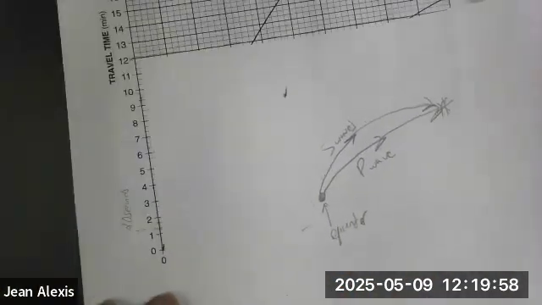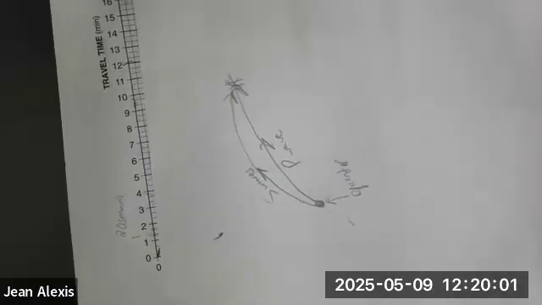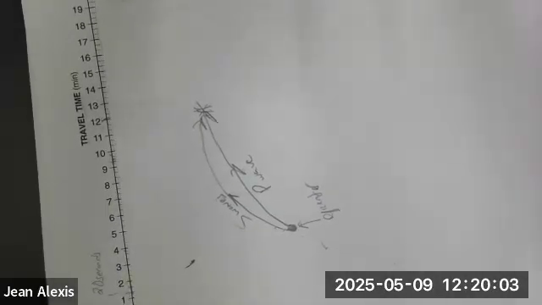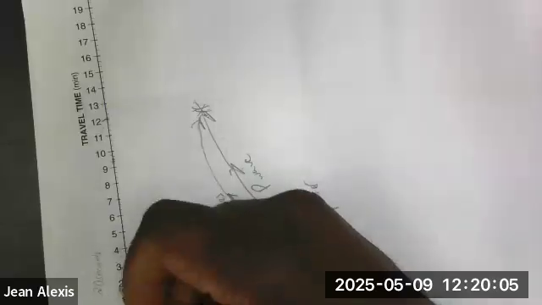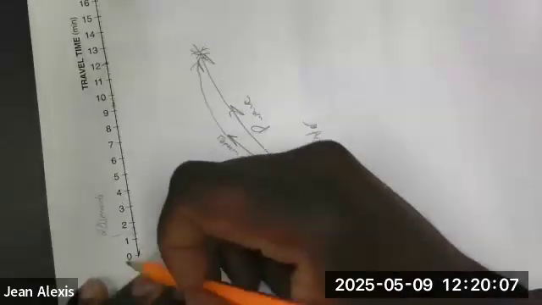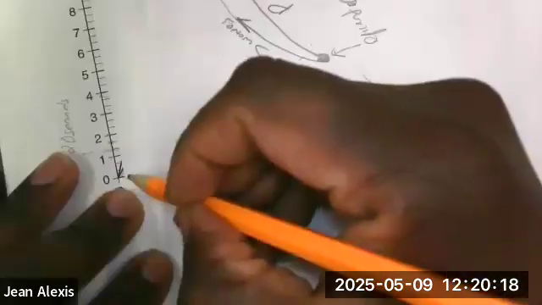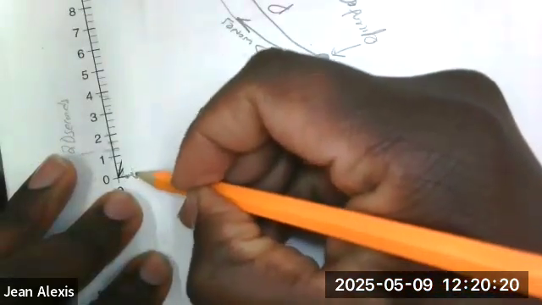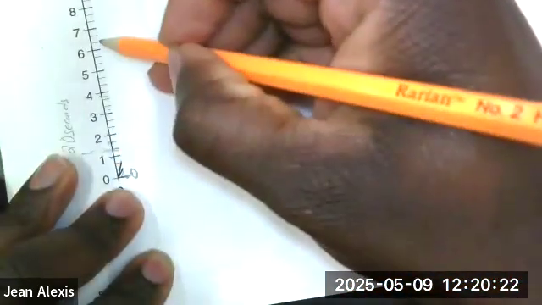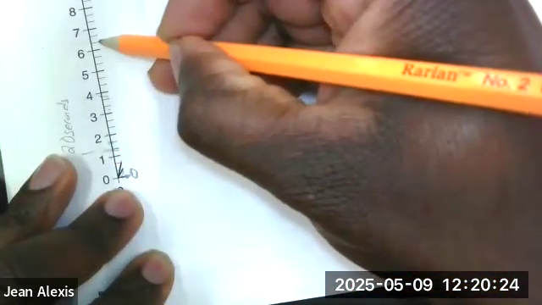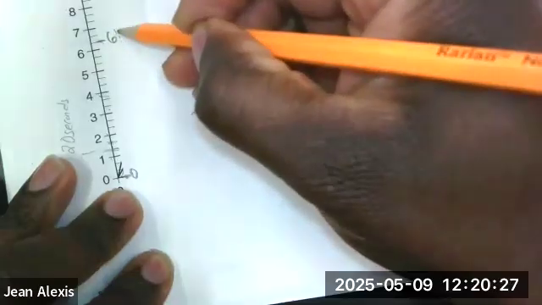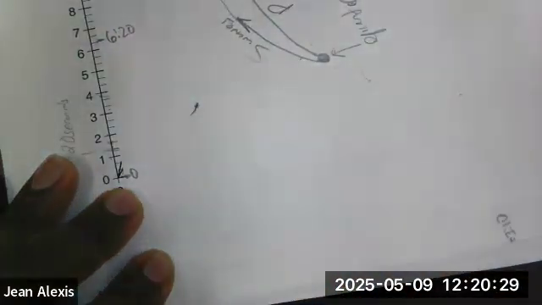Then I'm going to use scrap paper. I'm going to get to 6 minutes. So I'm going to put a mark at 0 to represent 0. And 6 minutes, 20 seconds looks to be about right here. I'm just going to put 6:20.